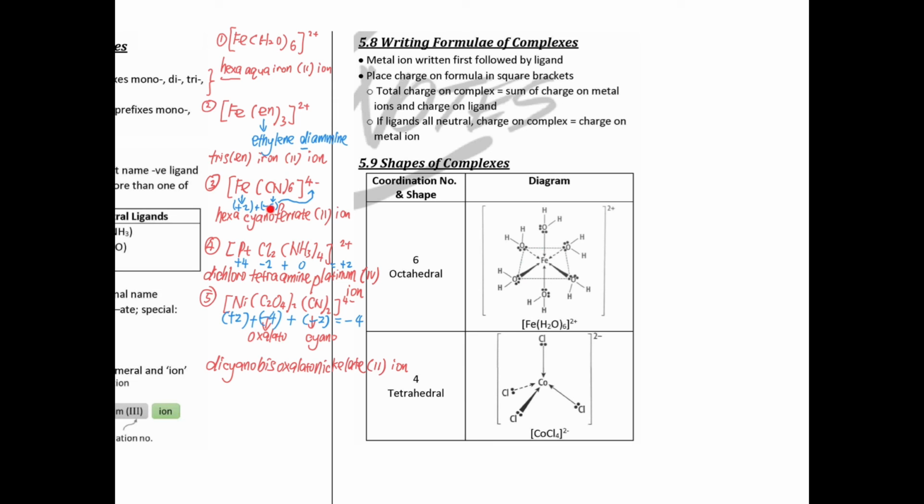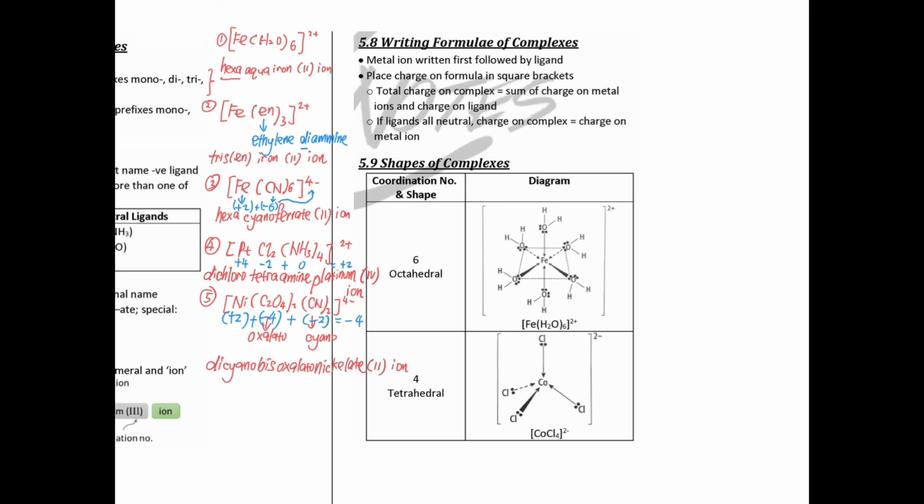This is positive 2, this is negative 6, then the overall charge is negative 4, but we write 4 minus, the charge in that format. If the ligands are all neutral, the charge on the complex equals the charge on the metal ion. The H2O is neutral here, so the charge of the ion, which is 2 plus, will be the charge of the overall complex. So it's 2 plus also.